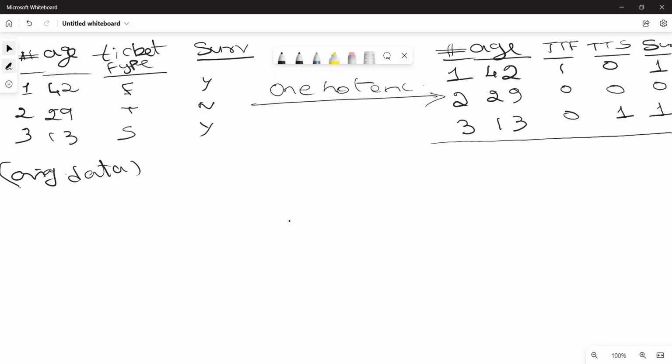Is this clear to everyone? So third class is the reference class. So 0 0 means this passenger, customer number 2, has a third class ticket, which is what I have here.